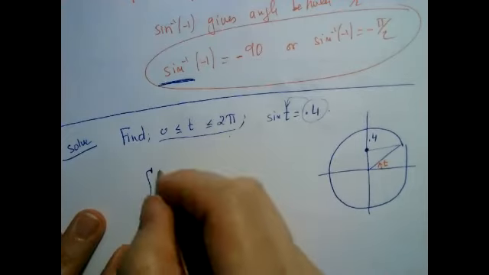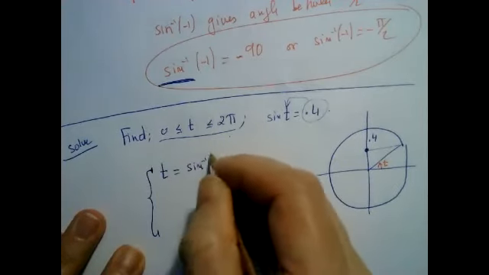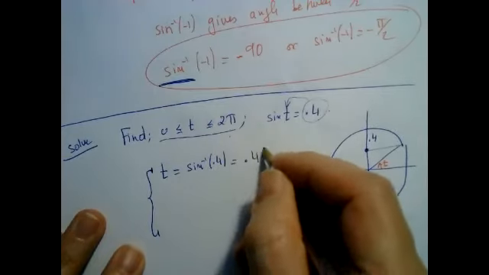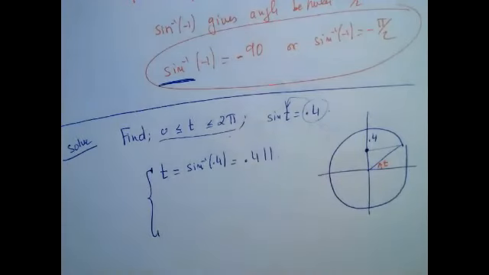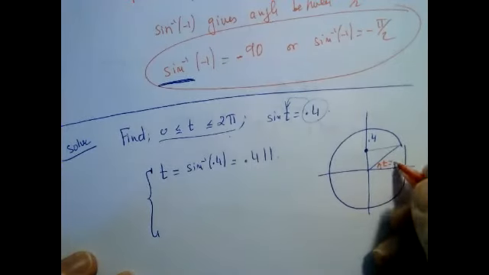So one of them is the sine inverse of 0.4, which, if I plug in, is 0.411. And now the unit is in radian. Now who can give me another value? I want 2 of them. So the calculator will give me this.